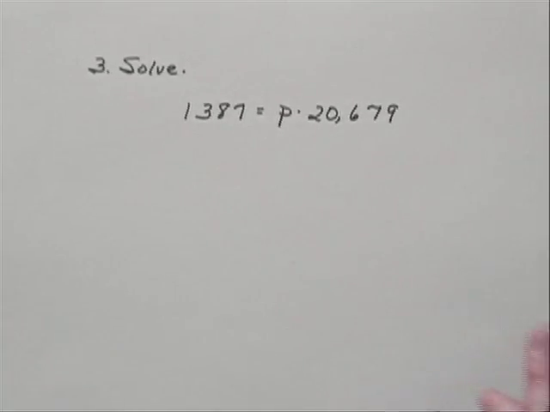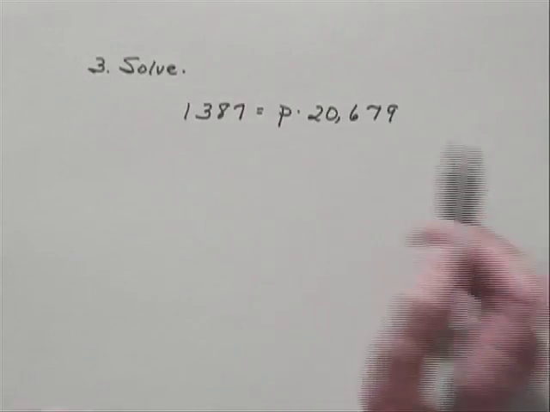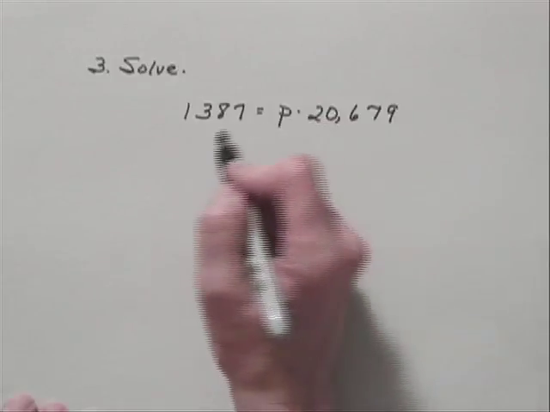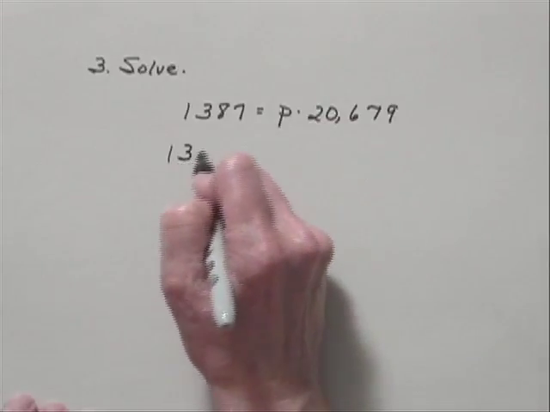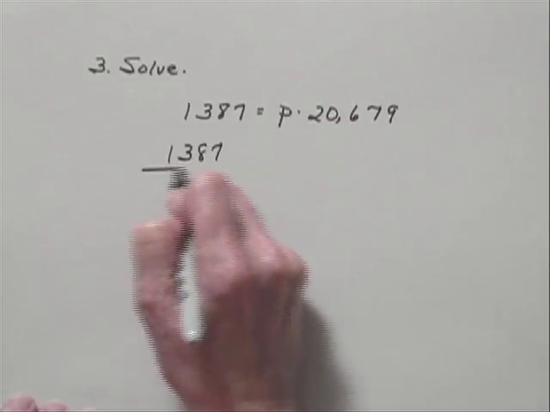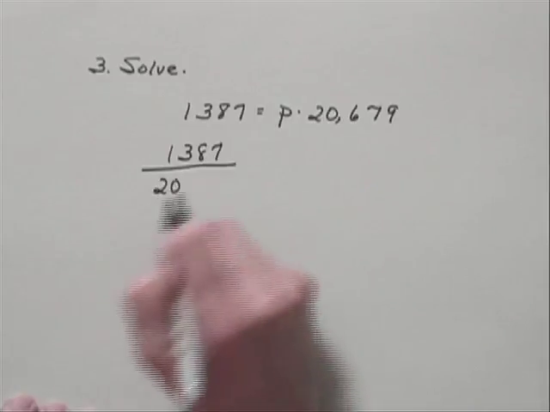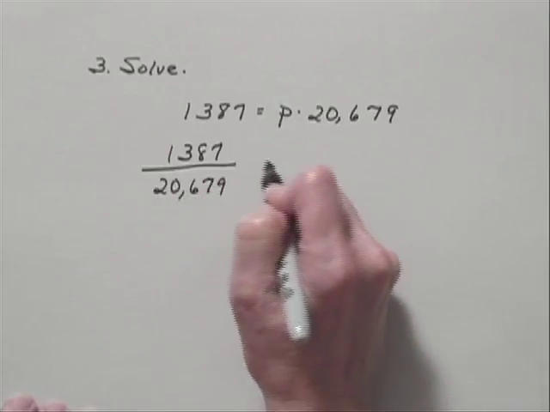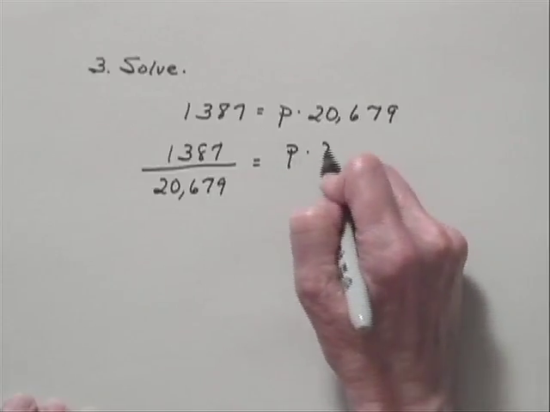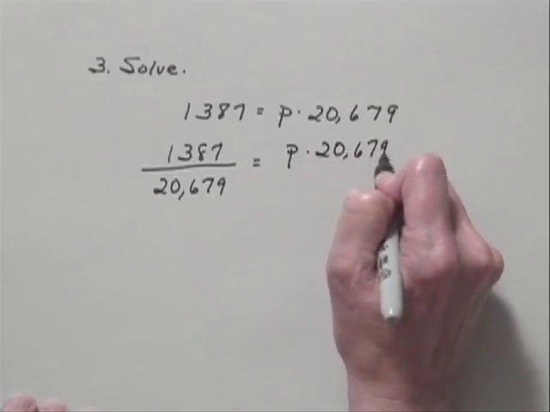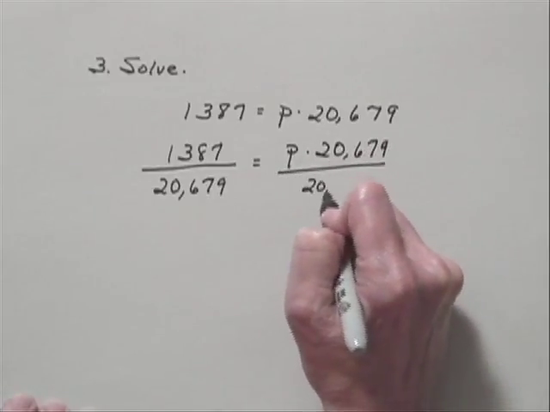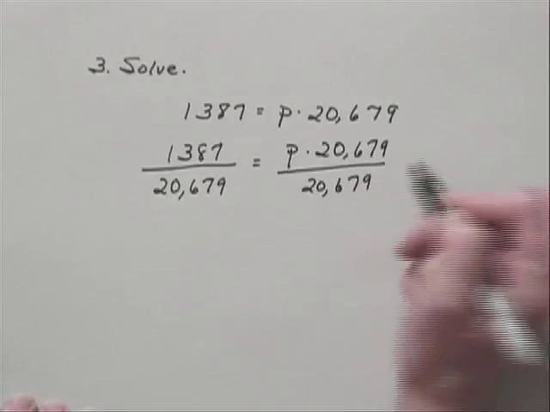And we can begin solving this by dividing both sides by 20,679 to get P alone on the right-hand side. So we'd have 1,387 divided by 20,679 is equal to P times 20,679 divided by 20,679.